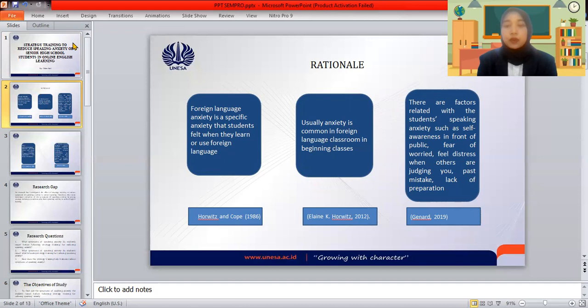And then from January 2019, there are factors related with student speaking anxiety, such as self-awareness in front of public, feel worried, feel distressed when others are judging, plus mistake, and lack of preparation.